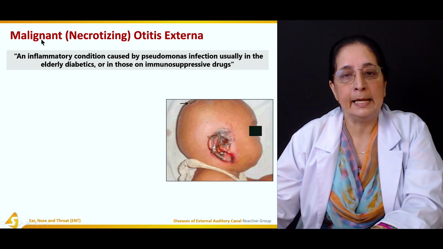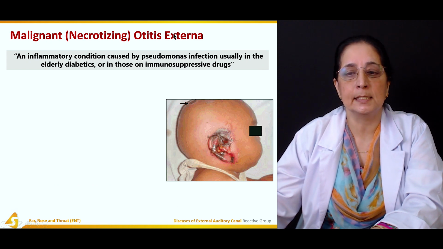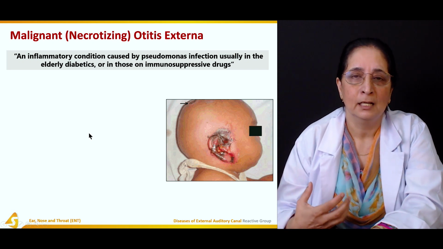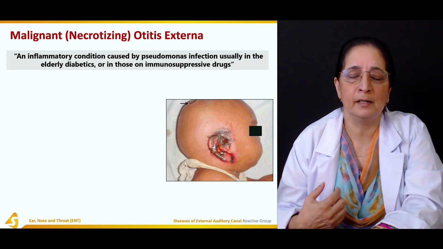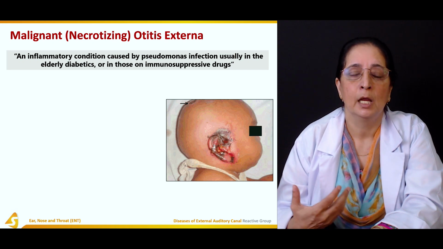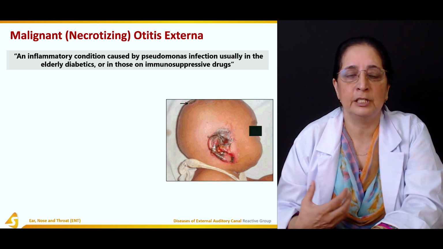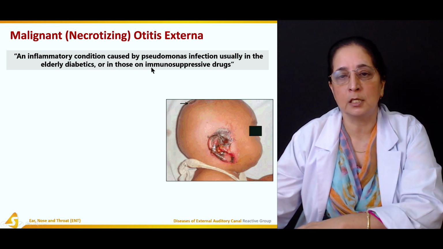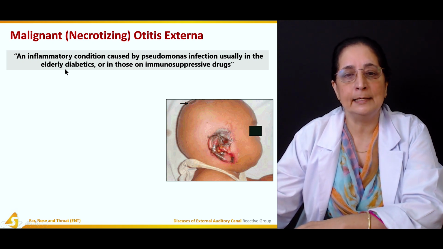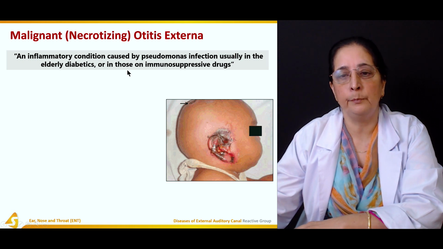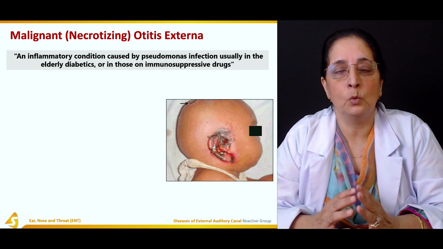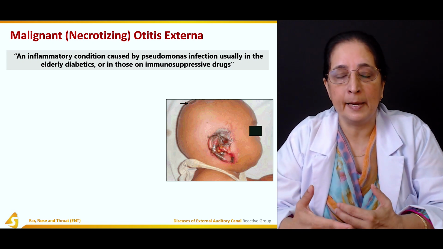Then we have malignant necrotizing otitis externa. Necrotizing, necrosis is death. So it's the condition in which there is death of the tissues, and it's an infection which is necrotizing. It's an inflammatory condition caused by Pseudomonas infection in elderly diabetics or in those on immunosuppressive drugs. So it's common in patients who are elderly and who are diabetics.